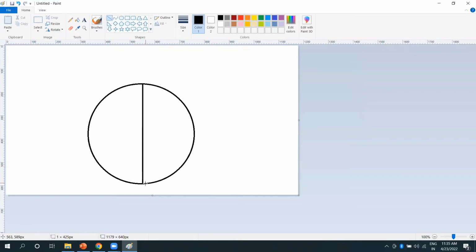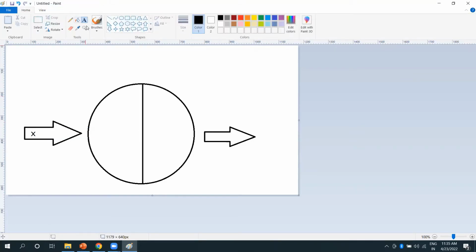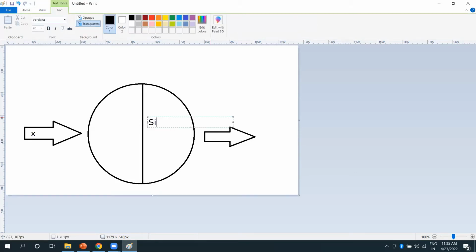Okay, so let's assume that this is a neural network, and there is an input to it, and there is an output from it. Let's say that the input is x, and over here we write the sigmoid activation function.